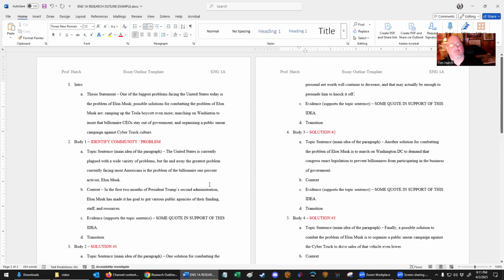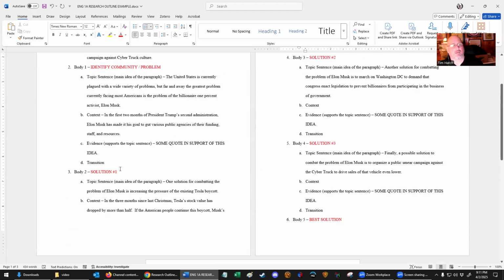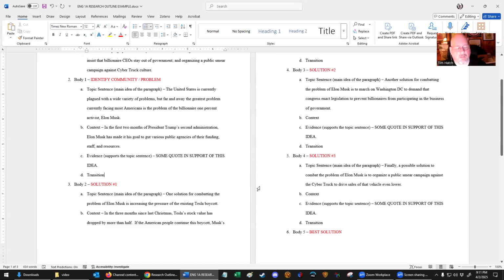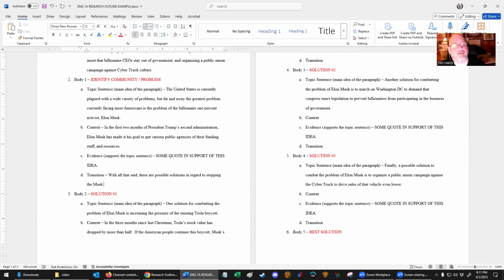The last thing I'm going to do, we'll just pretend that I've done context for the other paragraphs at this point, is transition. I'm going to do two transitions. With all that said, there are possible solutions in regard to stopping the Musk menace.